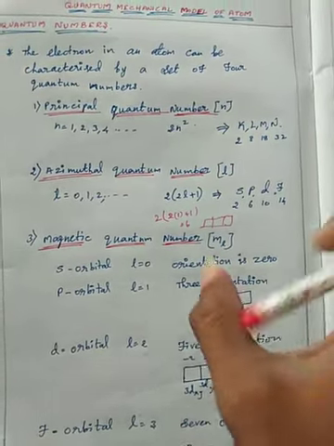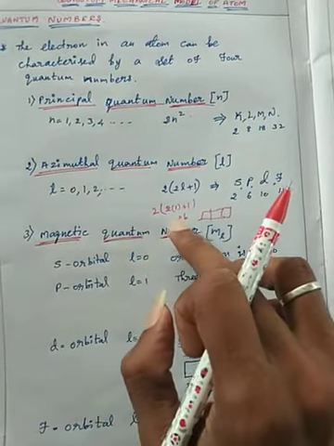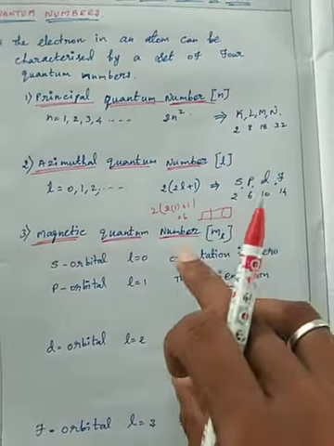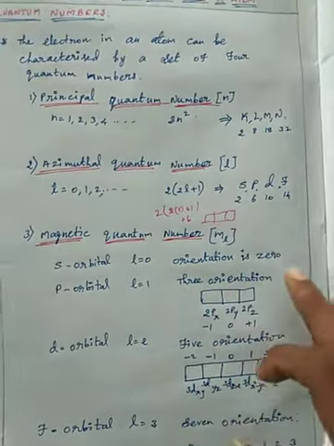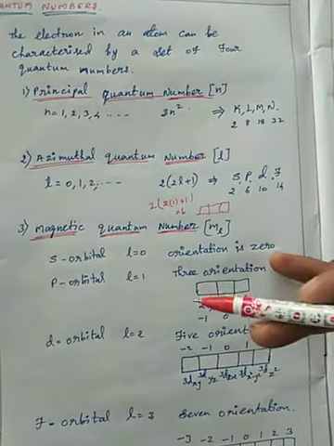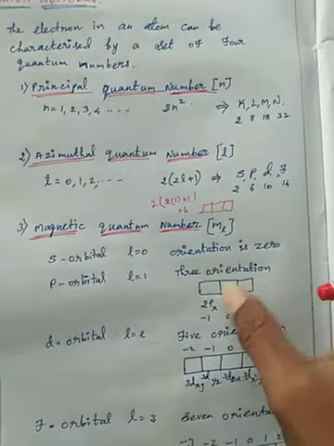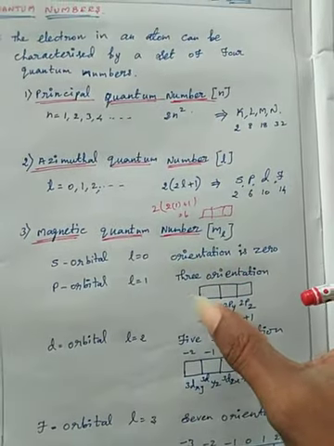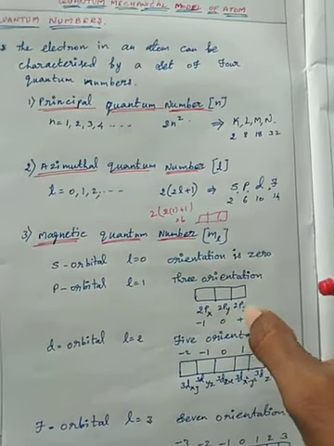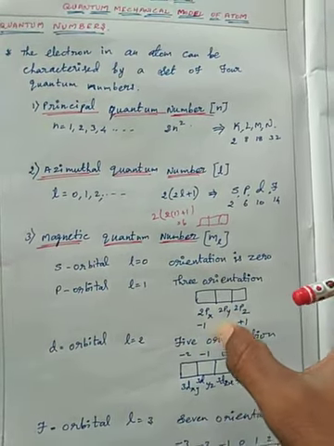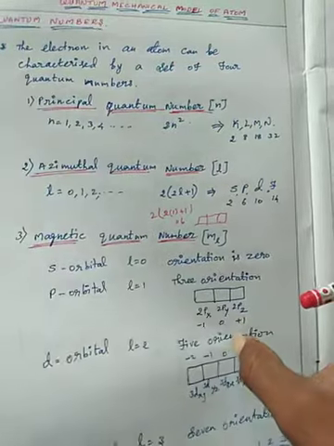Remember that for the s orbital, l is 0, the orientation value is 0, and it has one subshell. For the p orbitals there are 3 orientations, 2px, 2py and 2pz, so -1, 0, plus 1.